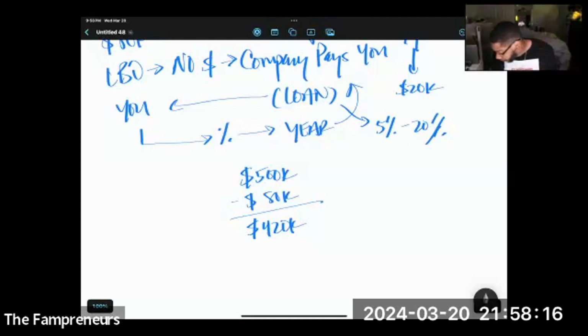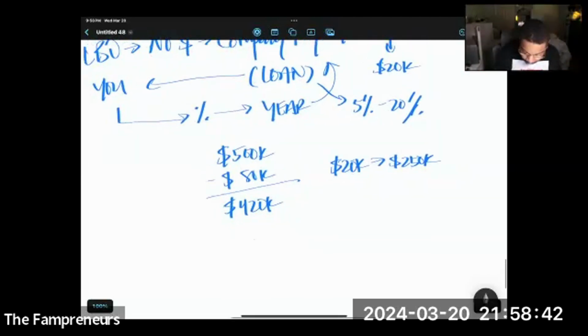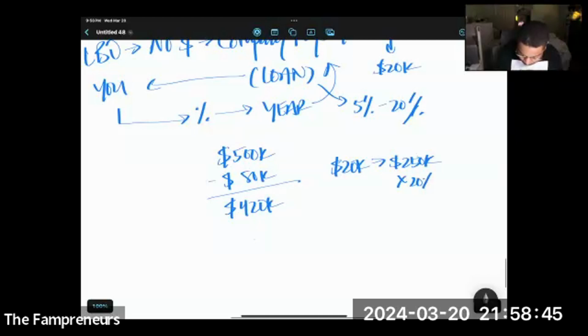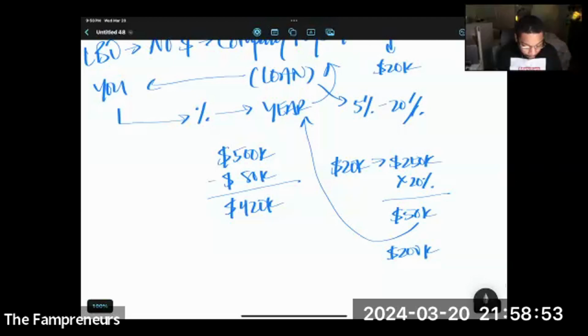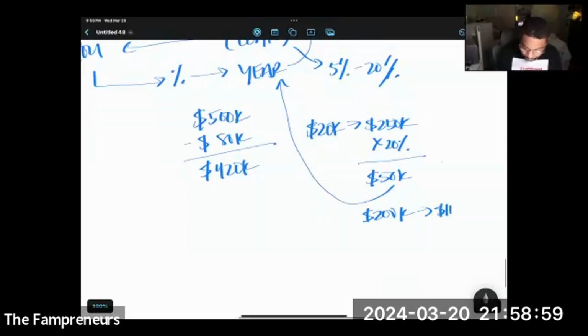But let's say you're making 20K a month, which is 250K a year. You're only paying, let's say, max 20%. Actually, it's 250,000 times 20% a year. You're paying 50K back to the loan, which means net you're making 200K a year. 200K divided by 12 is $16,000.